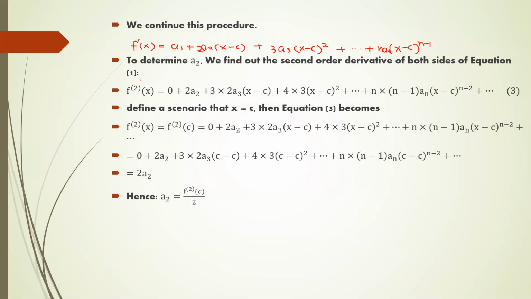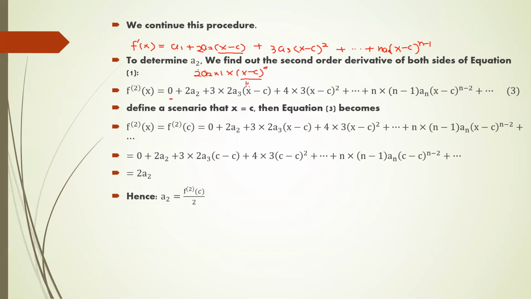And we take derivatives on both sides of this equation. a1 take derivatives is 0. For 2 times a2 times (x minus c), take derivatives, it is just 2 times a2, because when we take the derivatives, it's a2 times 2 times 1 times (x minus c) to the power of 0.